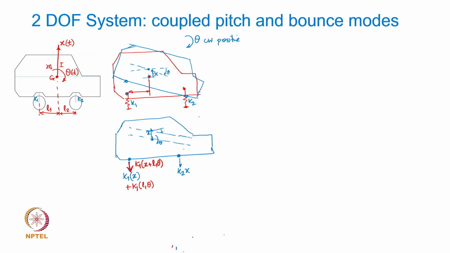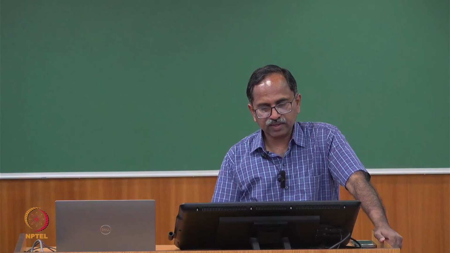Whereas here, as you notice, because of the pitch motion causing this front part to go down, the displacement X is going to pull it up. So the net force, based on this, there would be an upward, because the spring is going to get compressed. If you only consider the pitch motion, it is going to compress the spring at the front side.